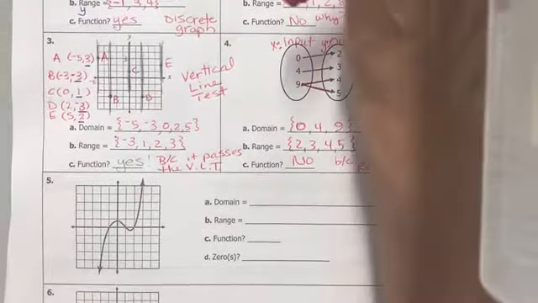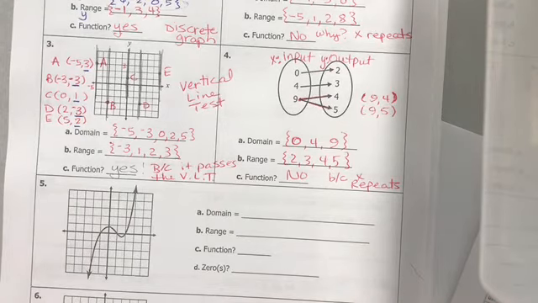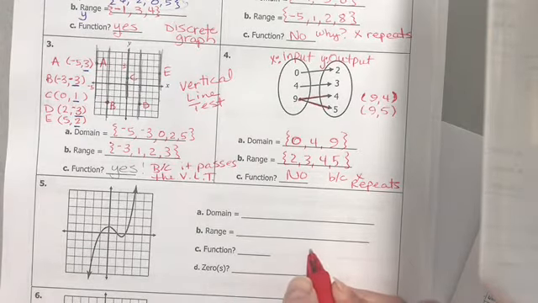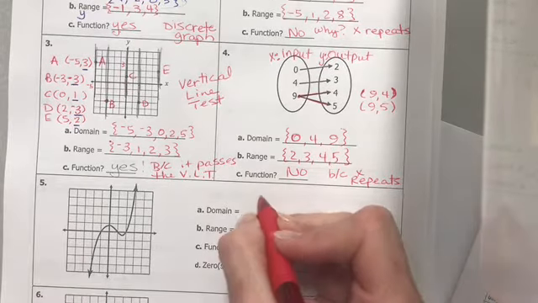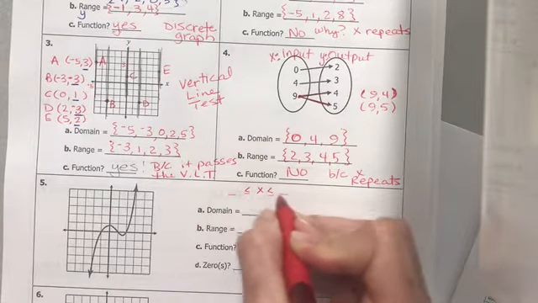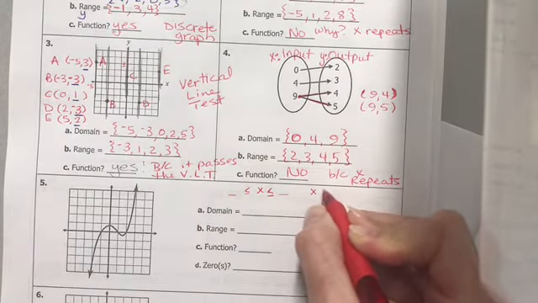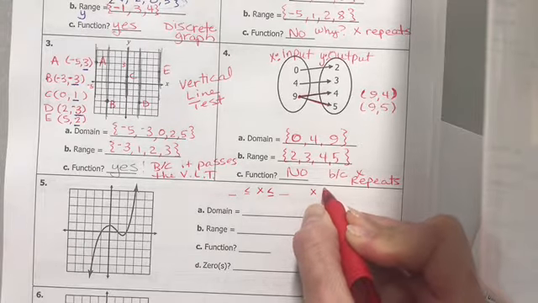When you are on a continuous graph and you're checking the domain, you have a couple of options. You can write this in inequality form, or remember you can have x and then have your inequality.